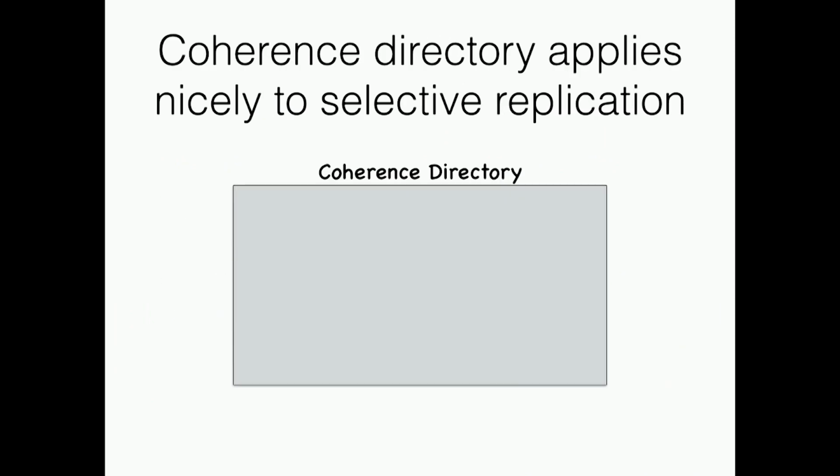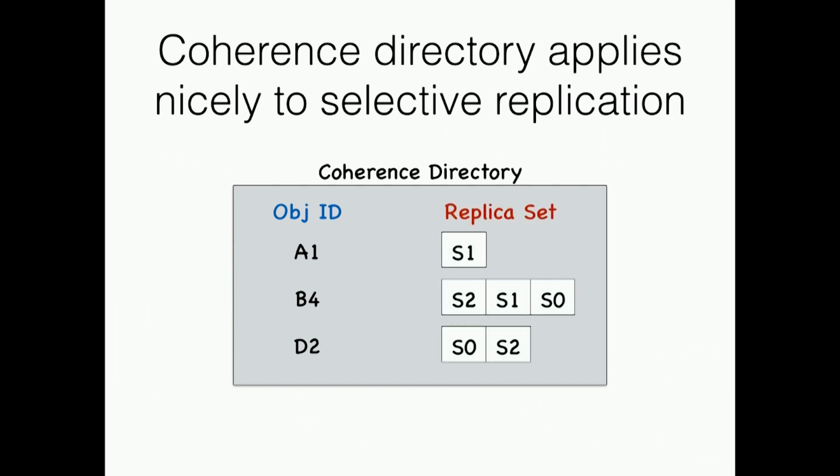So how do we use a coherence directory-like structure to help with selective replication? In this directory, we can keep track of the identity of the most popular objects in the system. And for each of these popular objects, we can track the set of servers that currently have the latest copy of the data.